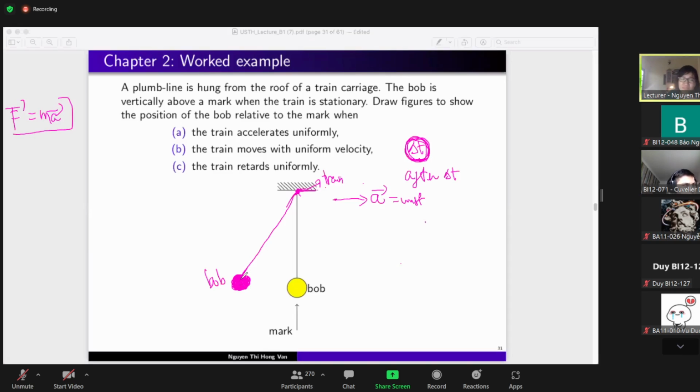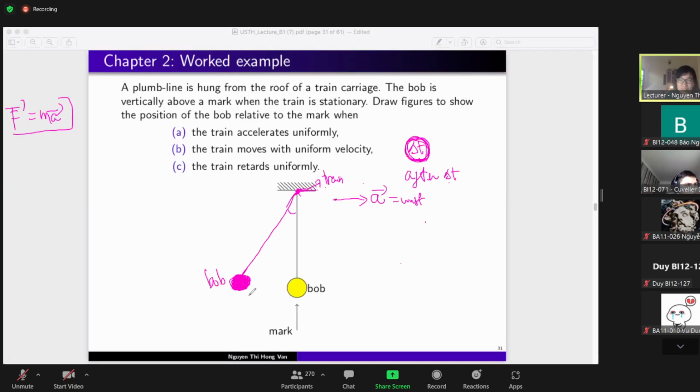Okay, so I repeat your answer to be sure that I understand what you are saying. During delta t, the position of the bob is like this. I agree. But after this time, the train still accelerates constantly. How about the position of the bob? Does it change or not?